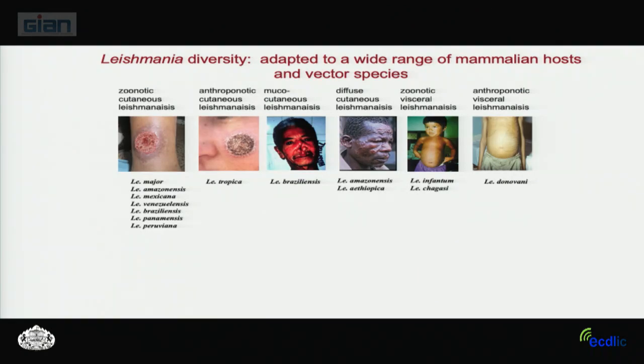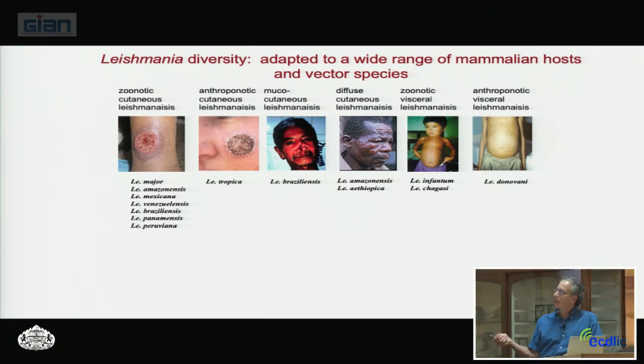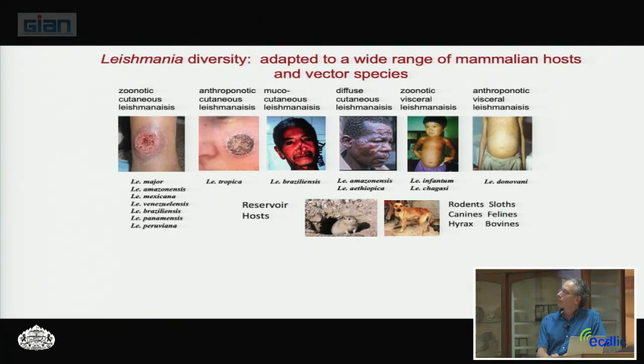Okay, here's that slide again that emphasizes the diversity of clinical forms of disease, the diversity of parasite species that produce these clinical outcomes, and the diversity of different hosts that can be infected. So a huge amount of diversity is observed in the Leishmania genus, all transmitted by these flies.